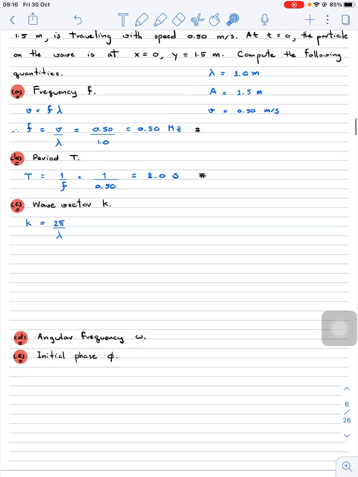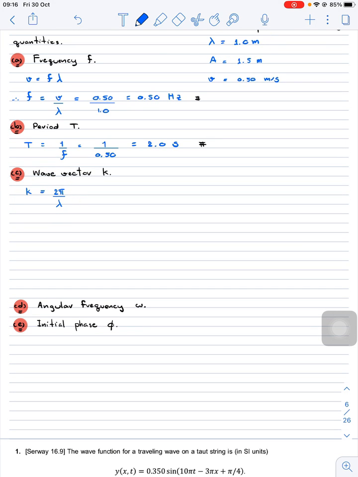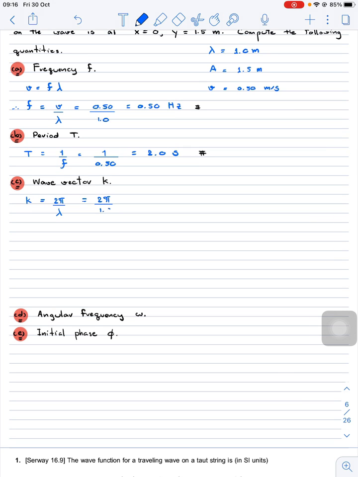Because we know lambda already, we can use this equation to solve for k. k equal to 2 pi over lambda, and lambda is equal to 1.0. Then finally we get k equal to 2.0 times pi. It has unit of radian per meter.